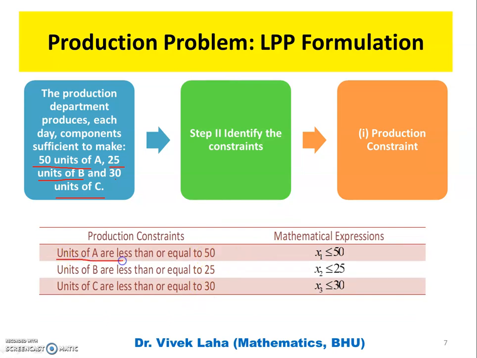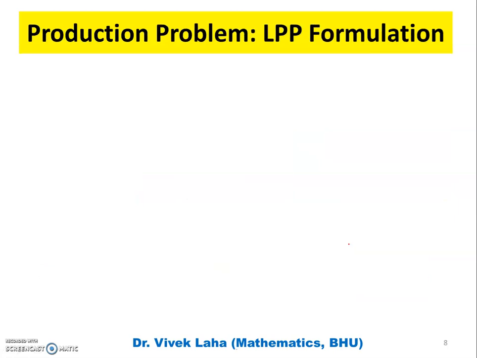Units of A are less than or equal to 50, units of B are less than or equal to 25, and units of C are less than or equal to 30. So x1 should be less than or equal to 50, x2 should be less than or equal to 25, and x3 should be less than or equal to 30.